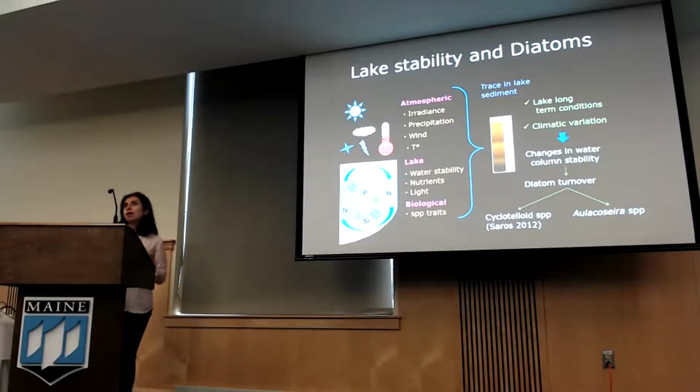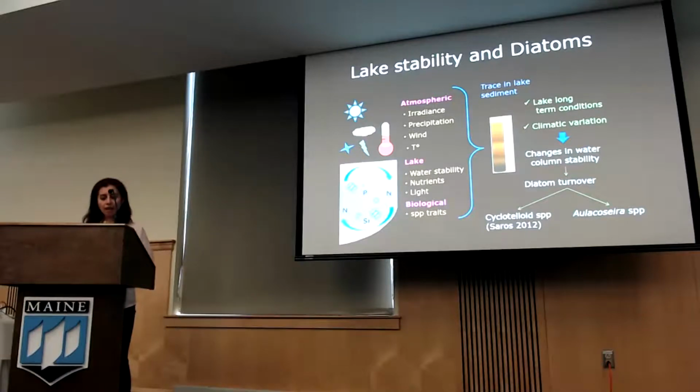So when the interaction of those physical factors with light and the temperature and the trophic status in lakes determine the composition of the algae community and the changes that occur depending on the conditions of the lake.